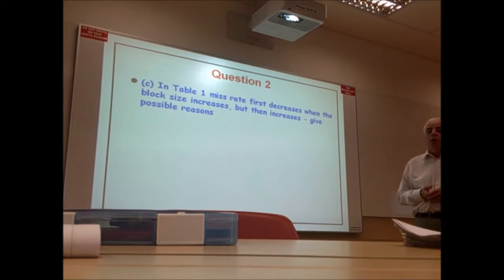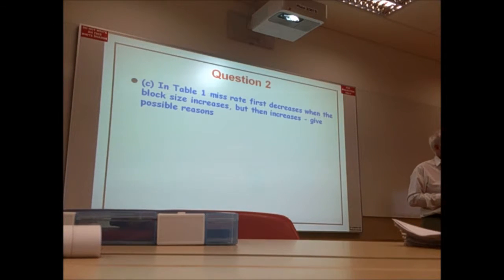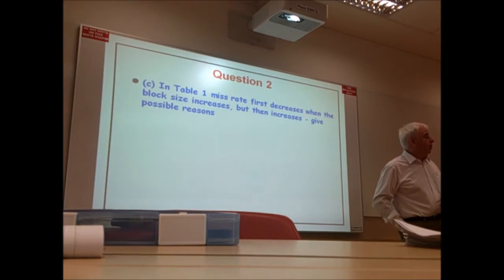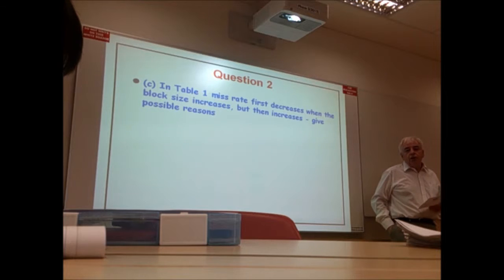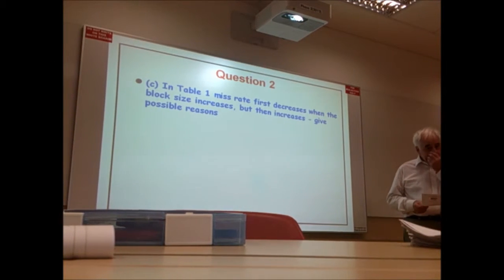If you look at table 1, you will see that as you increase the block size, the miss rate first of all decreases, but then as you increase the block size further, the miss rate starts to increase. So can anybody give me a possible explanation for this? Why might this happen?